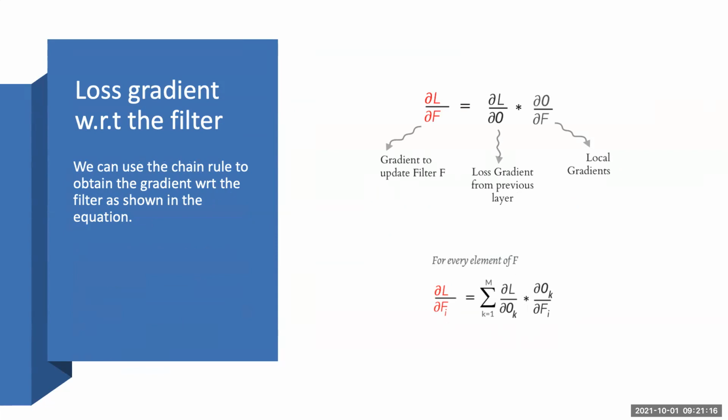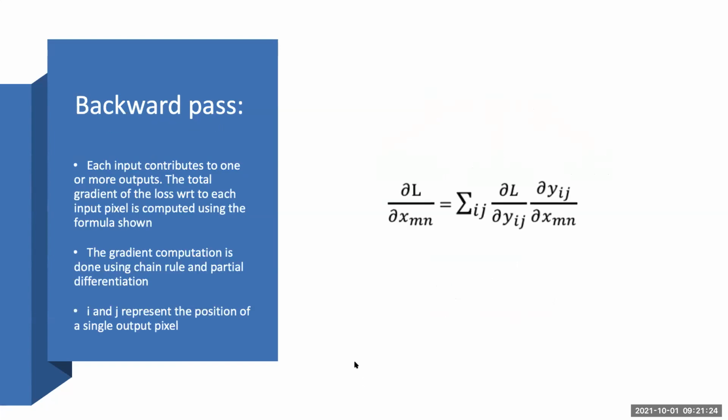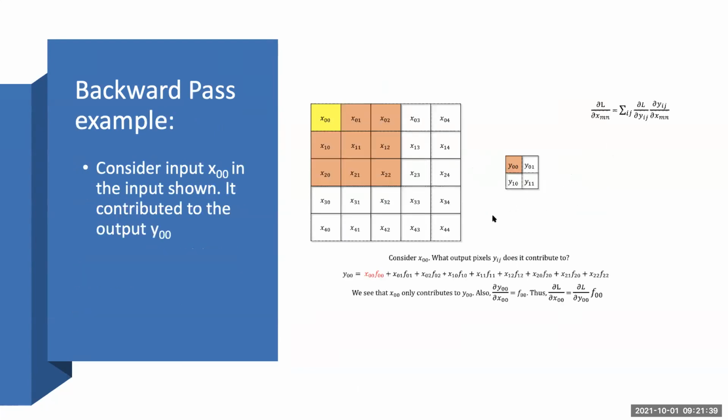So the notations have just differed a bit. So back to the stride of 2. In this case, Y is the same as O from the previous equation, and X remains X. X is the input. So you find the partial derivative and sum up all the partial derivatives, right?